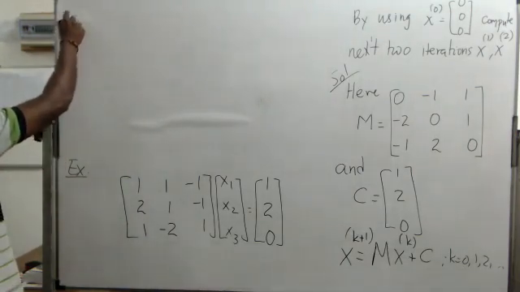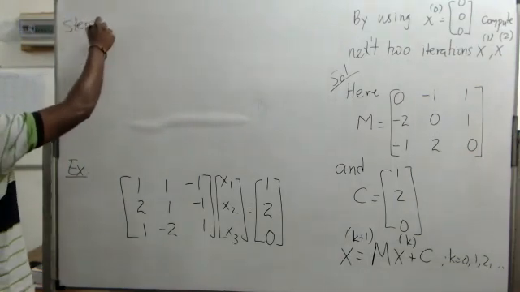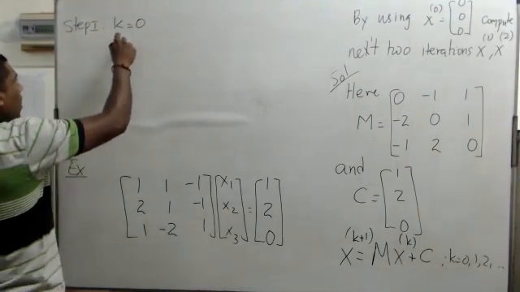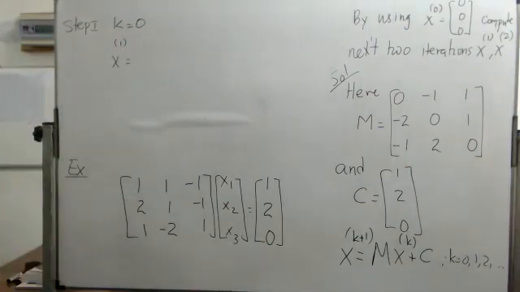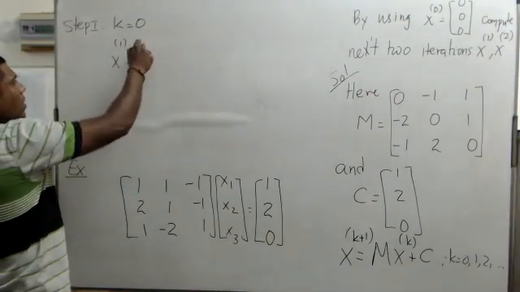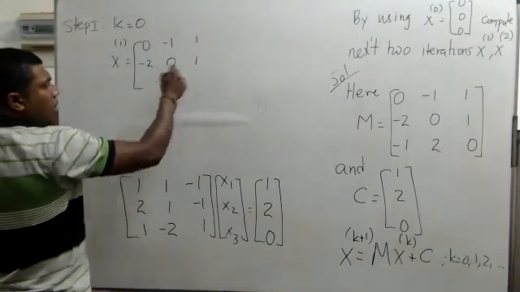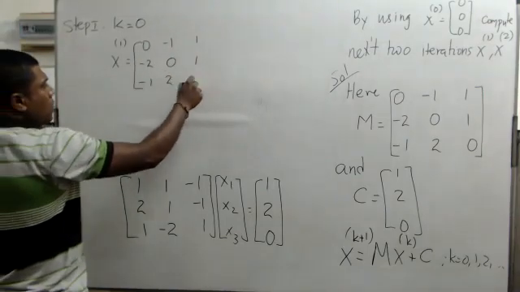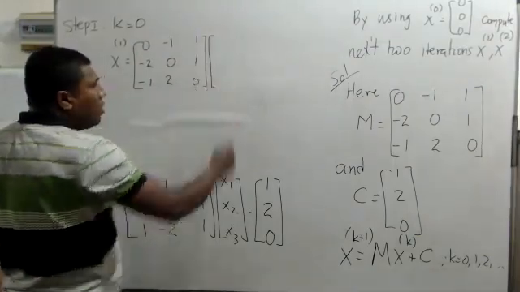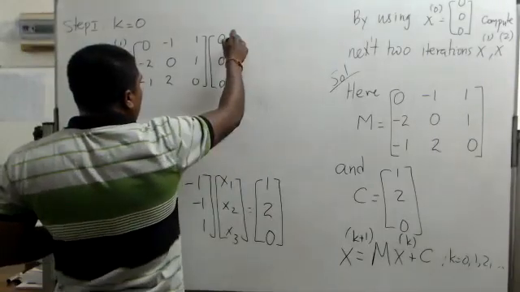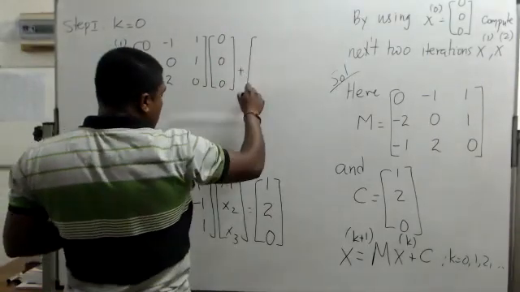So step 1, you put k is equal to 0. If you put k is equal to 0, you can easily see that x1 is M x naught. M is this: 0, minus 1, 1; minus 2, 0, 1; minus 1, 2, 0, times x naught. x naught is 0, 0, 0, plus c. That is 1, 2, 0.